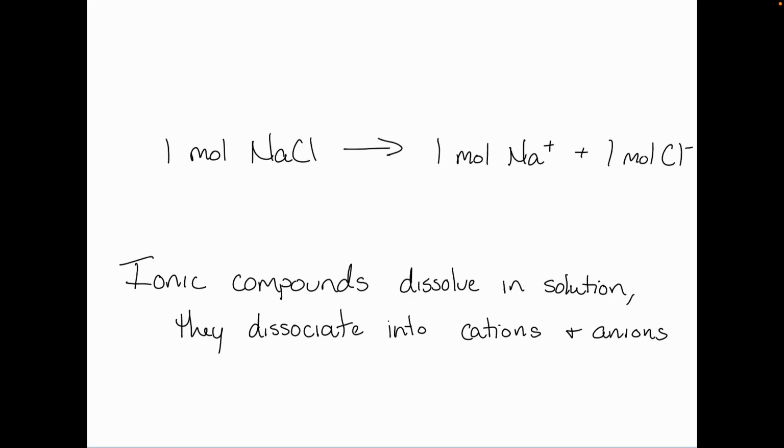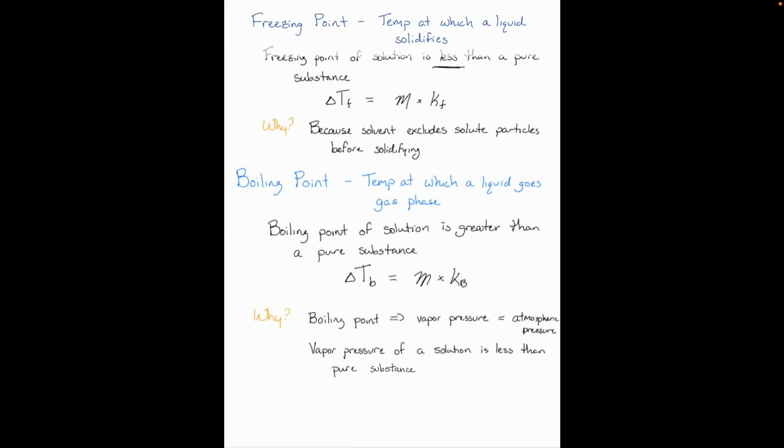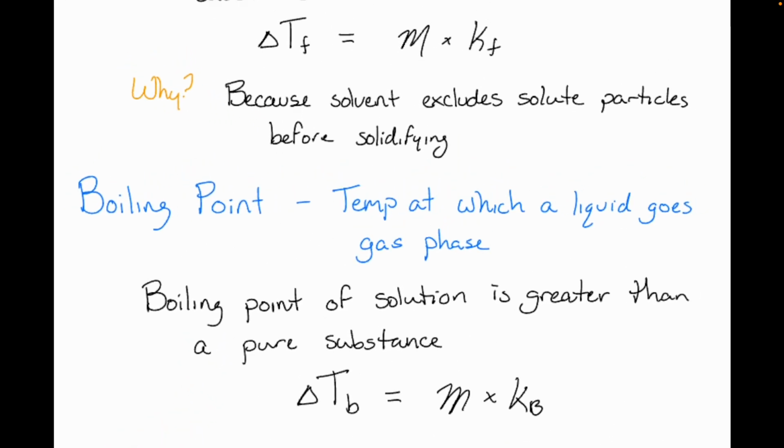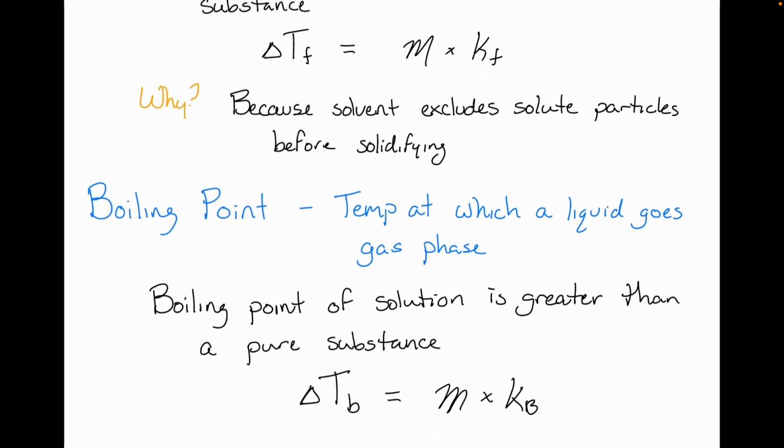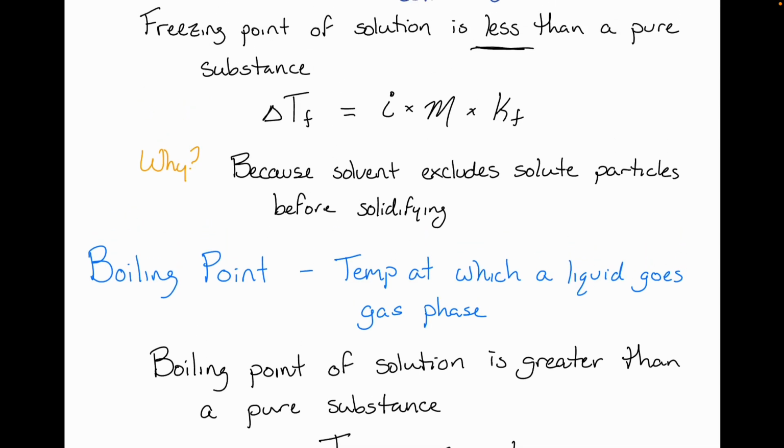So if you had looked on our constants page, you'd see that the formula for freezing and boiling depression is slightly altered, because we're going to put this little factor out here, i.